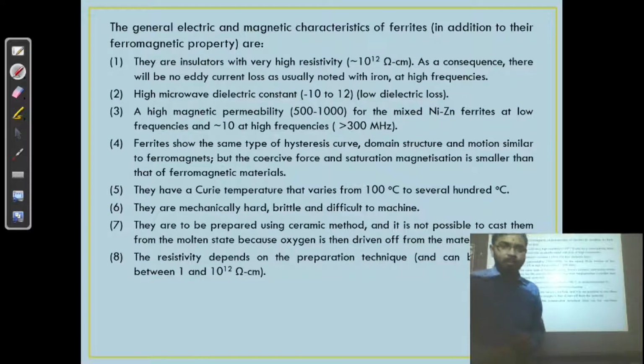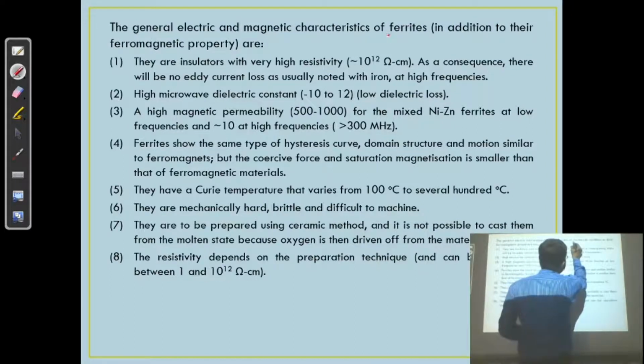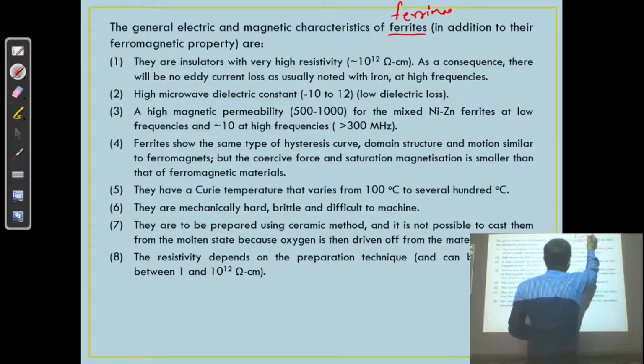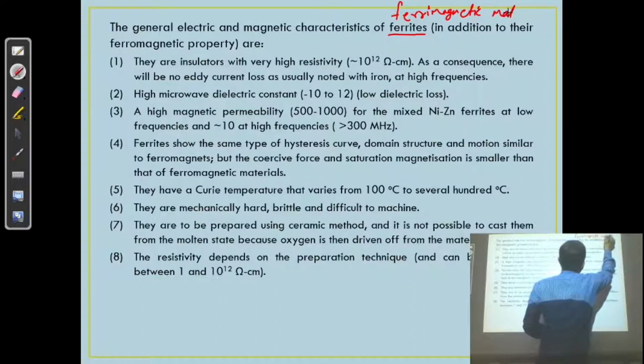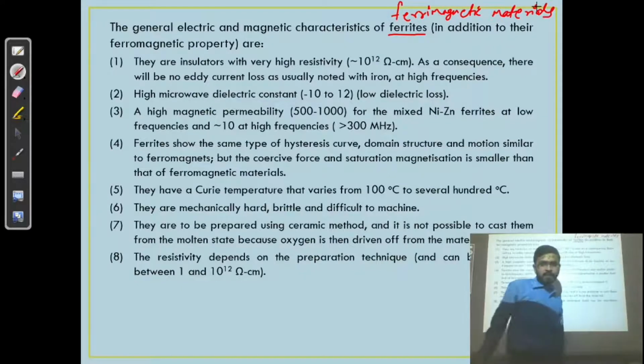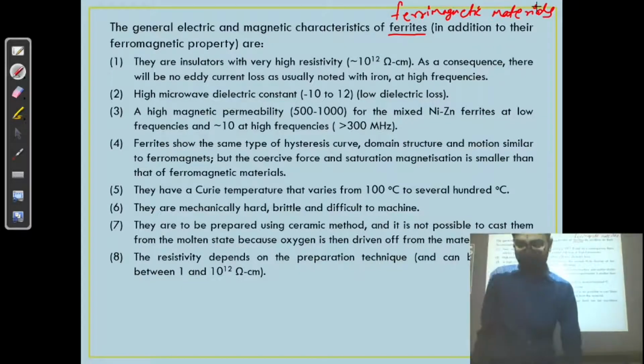These are some of the general electrical and magnetic characteristics of ferrites. These ferrites are nothing but ferrimagnetic materials.